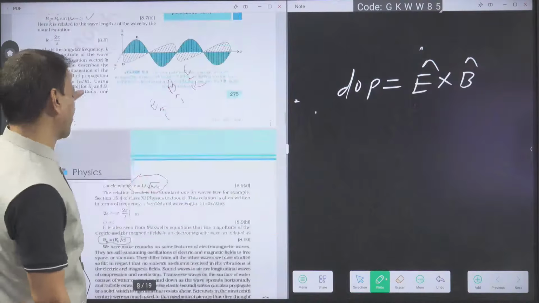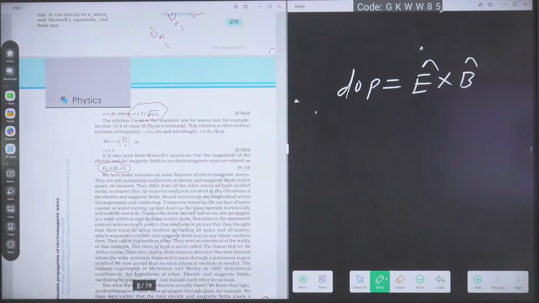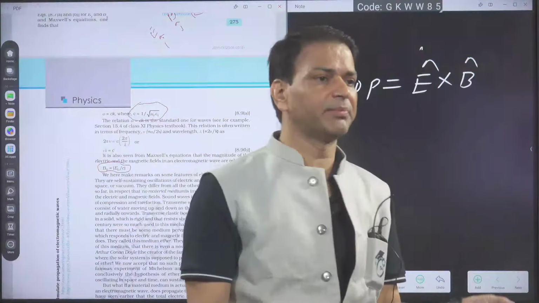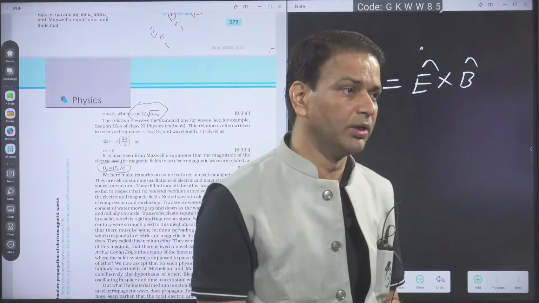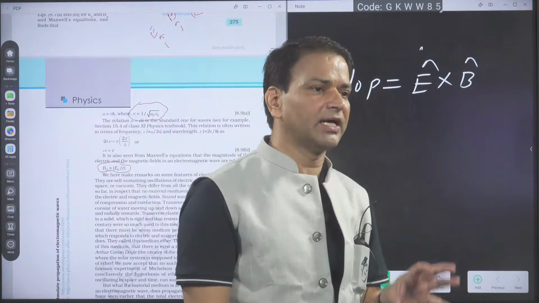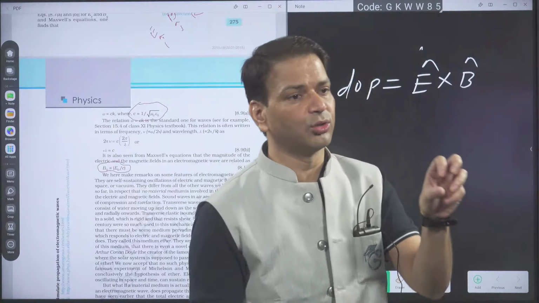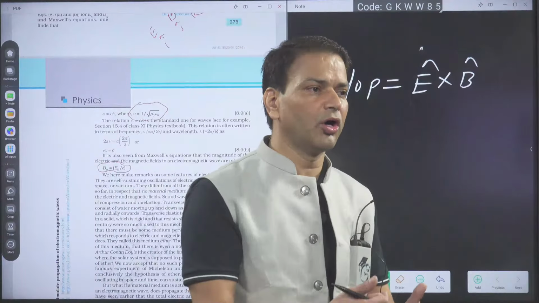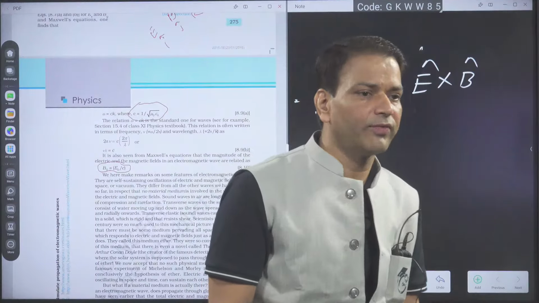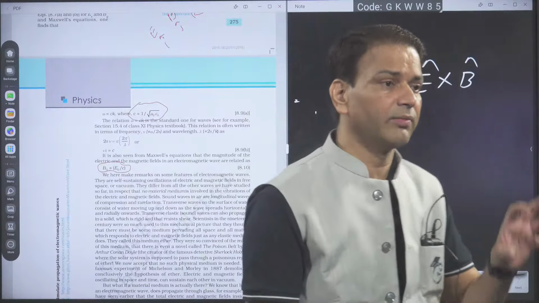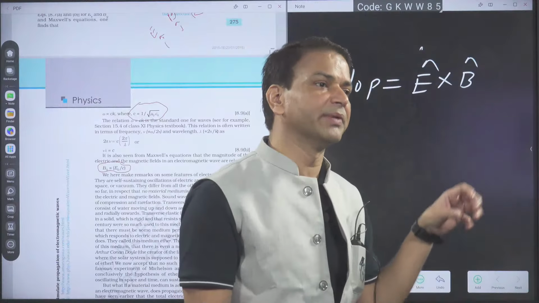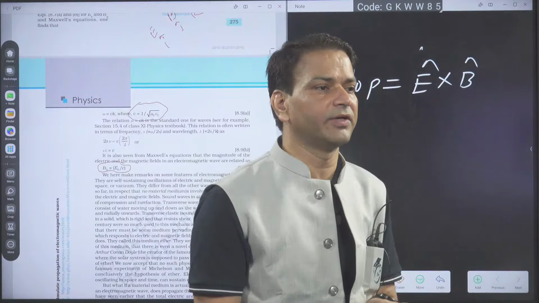Now see, in optics we have also learned that in vacuum we can find the speed of light from the permeability and permittivity of the vacuum. For any other medium, c is equal to 1 upon root of mu into epsilon. In place of mu naught you use mu, in place of epsilon naught you use epsilon. Mu is the permeability of the medium, epsilon is the permittivity of the medium.